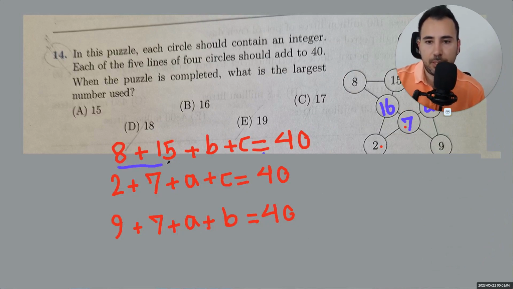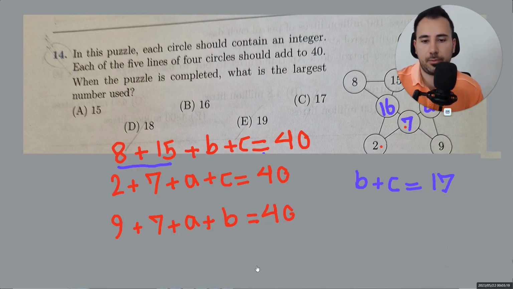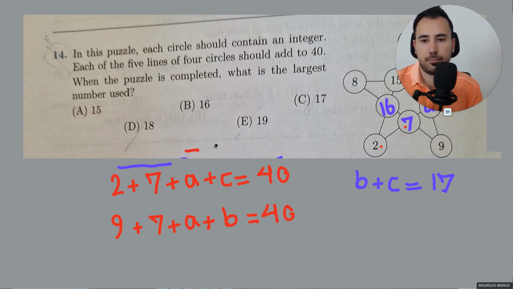This is going to be 23. Both sides minus this. So b plus c would be 17, subtracting both sides by 23. So I will clean this. Now the second one. 9 plus A plus C is 40. 40 minus 9 is 31.